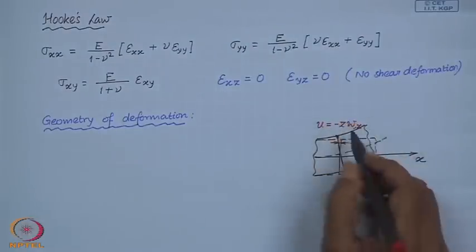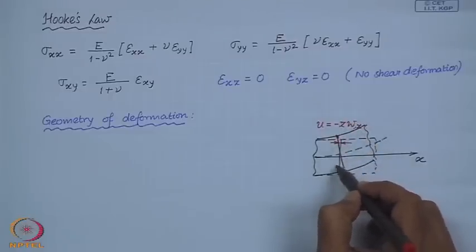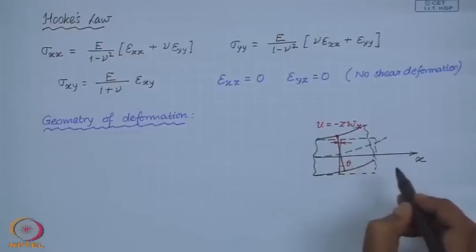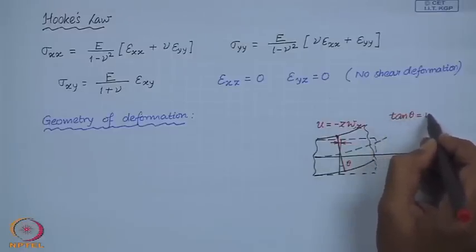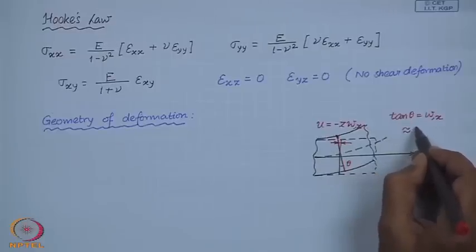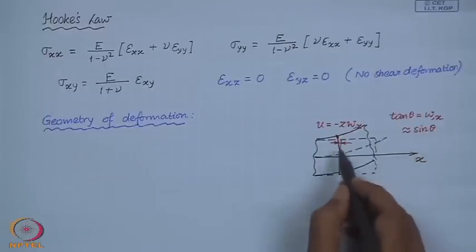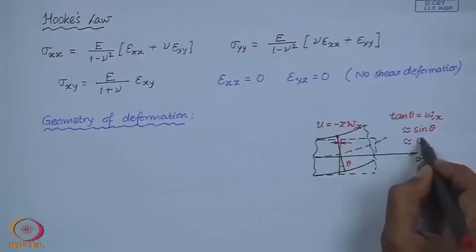As you know, del w del x is tan of this angle, and for small theta this is also equal to theta.